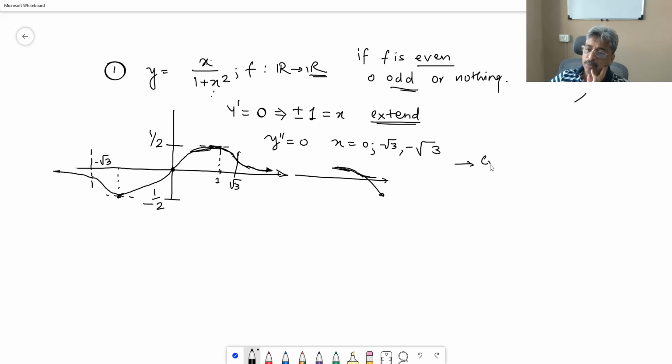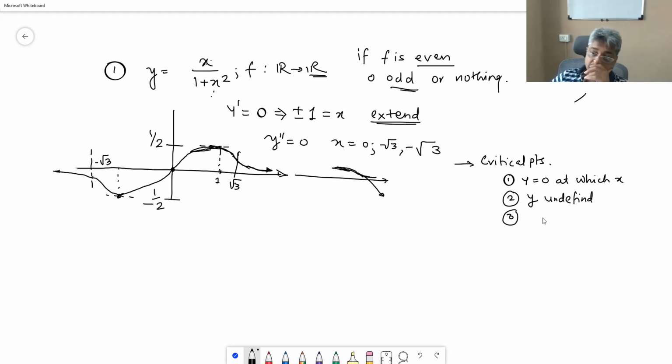First thing is critical points, in which y is equal to 0 at which x values. 2, y undefined for which x values. 3, points of inflection.